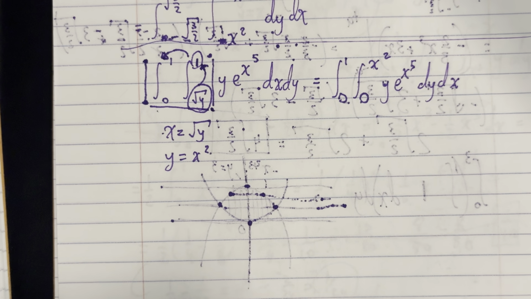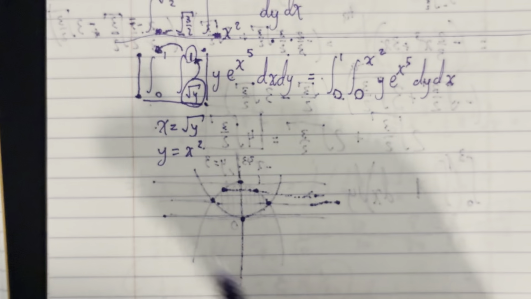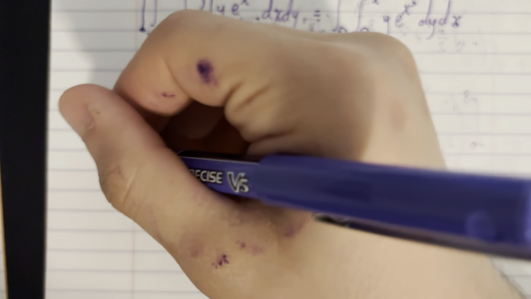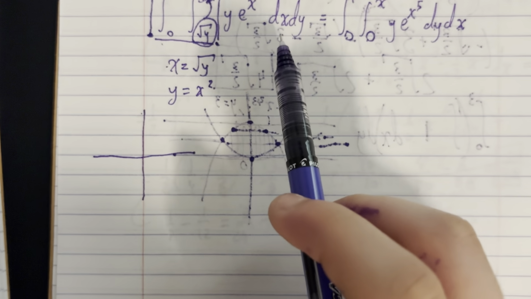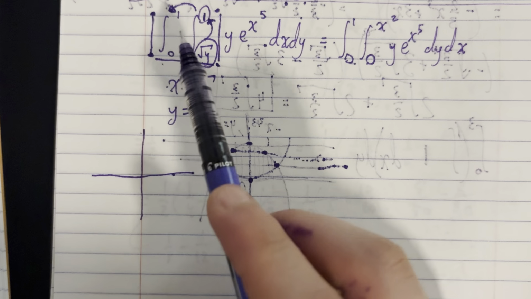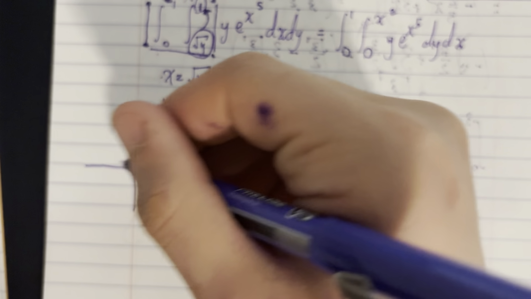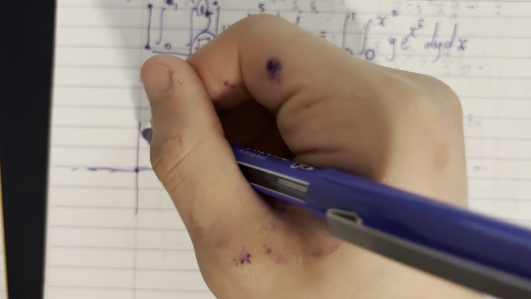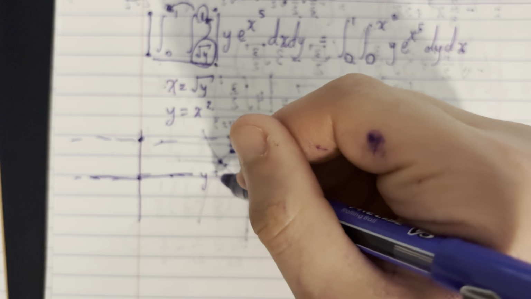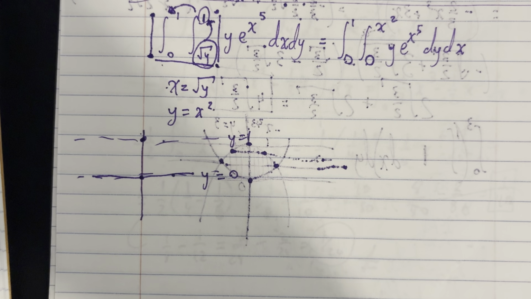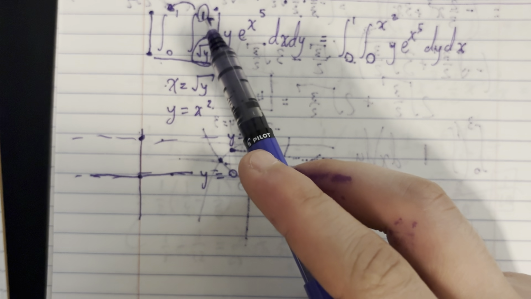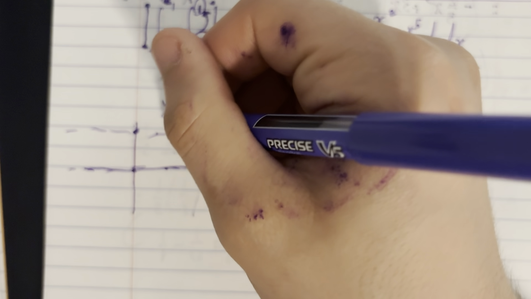If we want to confirm these bounds, what helps me is just drawing out what's happening. So y is ranging from 0 to 1. So from 0 until, say, 1 is up here. y equals 1, y equals 0. Okay. And then x is 1 right here.